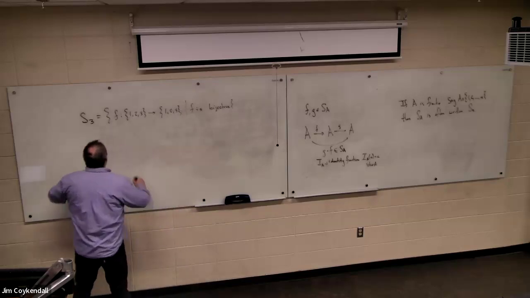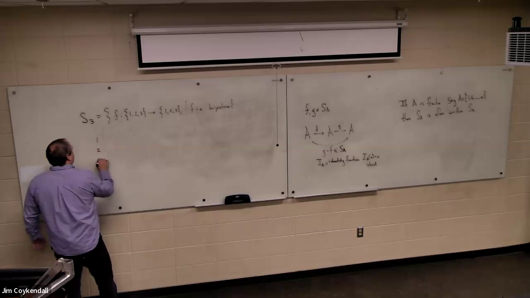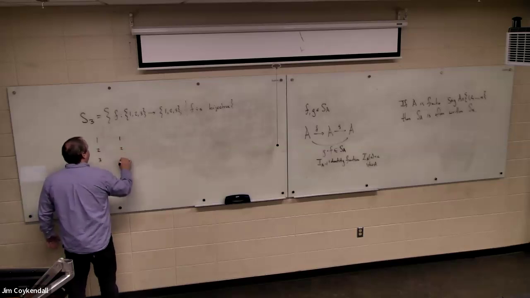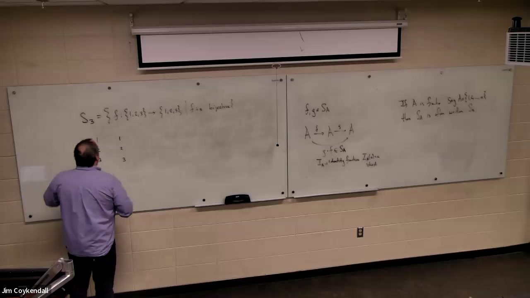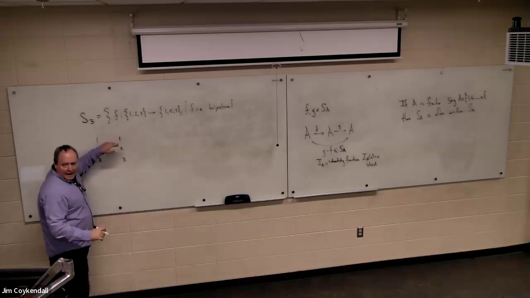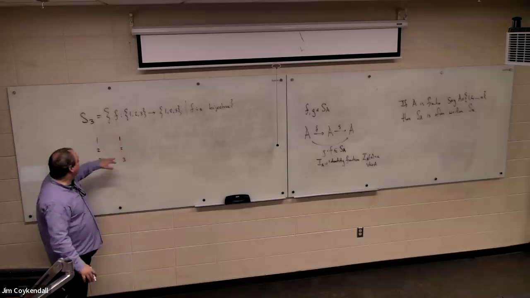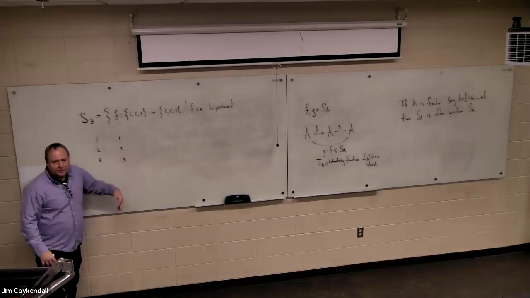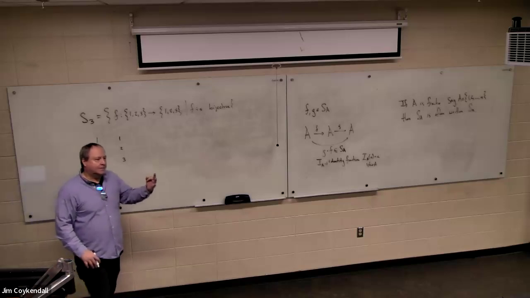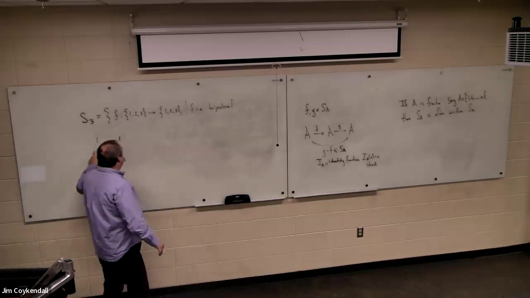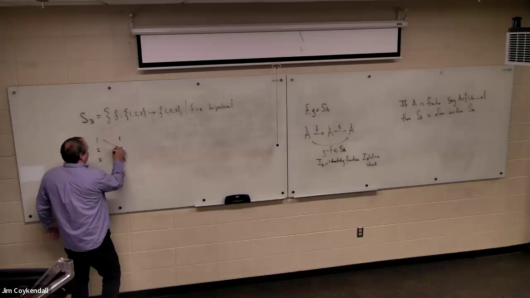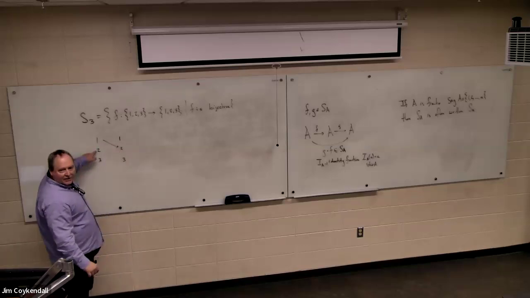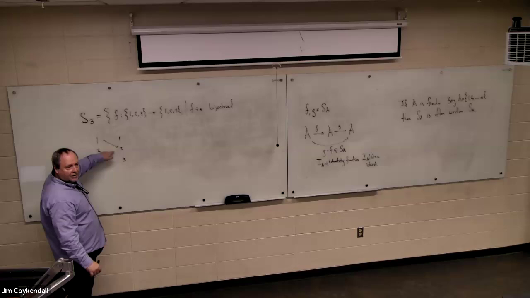Because think of it this way, what you're doing is you're making a function and you're going from here to here. And it's got to be one-to-one and it's got to be onto. So how many choices are there where you can send 1? There's 3 of them. Once you've made that choice, you can't send 2 to the same place you sent 1.